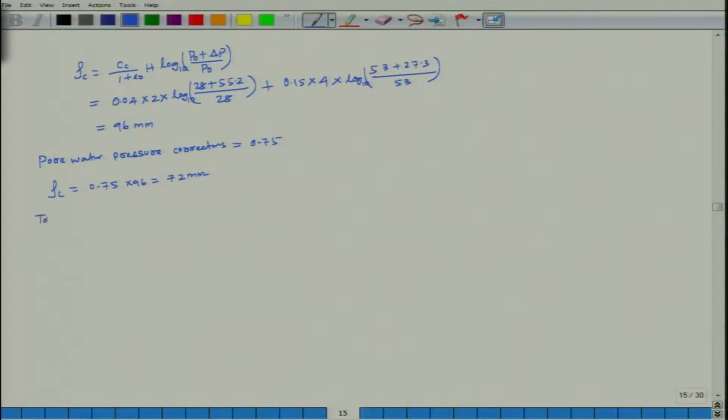So, total settlement rho is equal to immediate settlement plus consolidation settlement, which comes out to be 18 plus 72, which is equal to 90 mm, which is greater than 75 mm. It is your permissible.